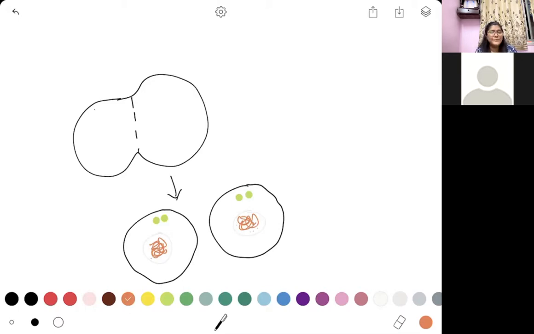It is at this particular point that you are going to have two identical sister cells that are going to be made. Okay, and these two identical sister cells are going to be able to do a lot of things for you. You might want to remember all the important things that your interphase is able to do.